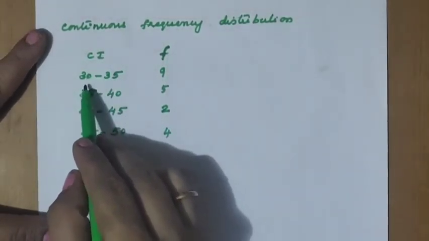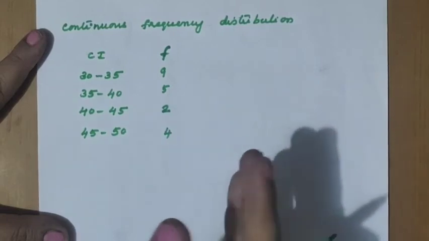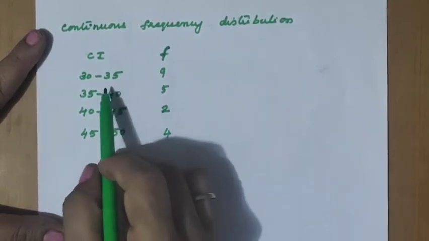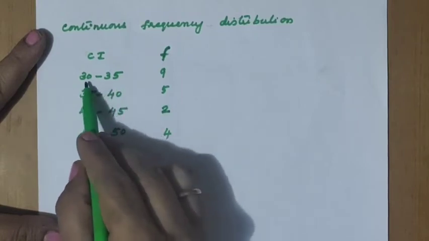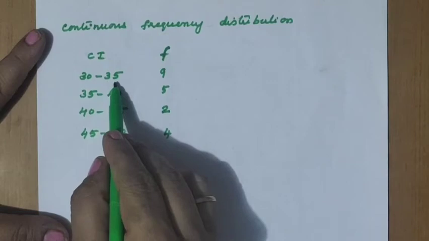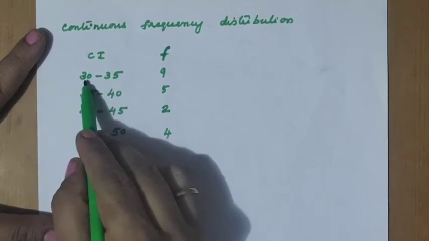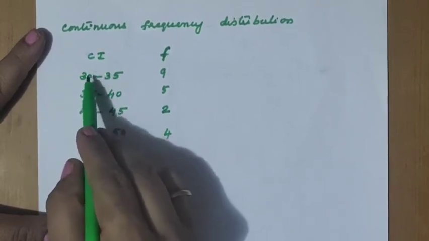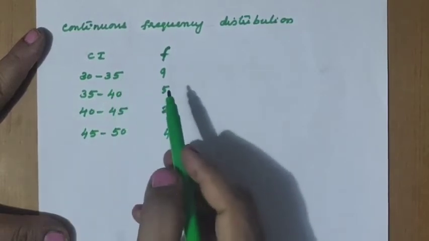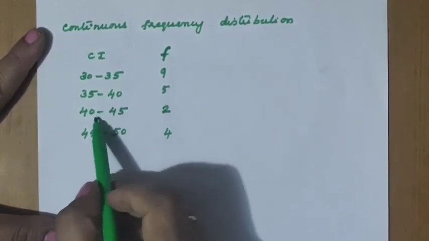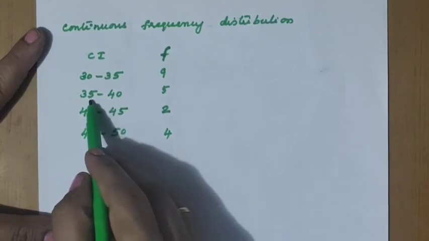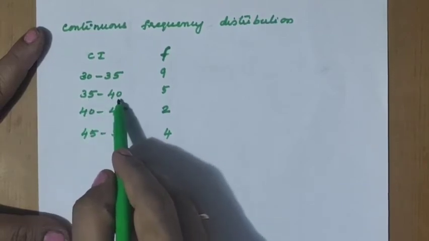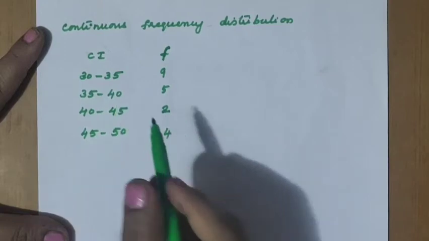Class interval: because we are telling the group, generally we can use that it is a class interval. It's a range, 30 to 35. Here 30 is the least value and 35 is the highest value. 30 is called the lower limit of this class interval and 35 is called the upper limit. Similarly, for 35 to 40, 35 is the lower limit of the second class interval and 40 is called the upper limit.